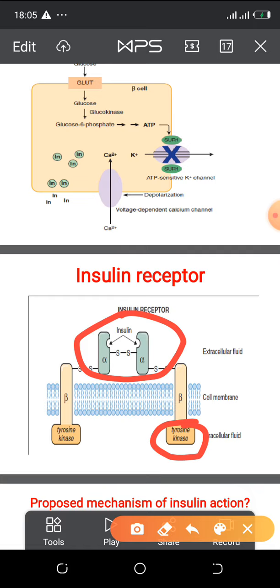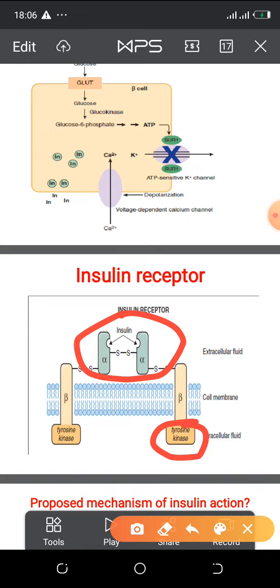There's an enzyme called the tyrosine kinase. You may wonder, what's the function of the tyrosine kinase? It belongs to the classes of cell receptors. The cytosolic domain, the one which lies in the cytosol, activates the cytosolic kinases. So that translocates to the nucleus and activates nuclear transcription factors by what we call phosphorylation.